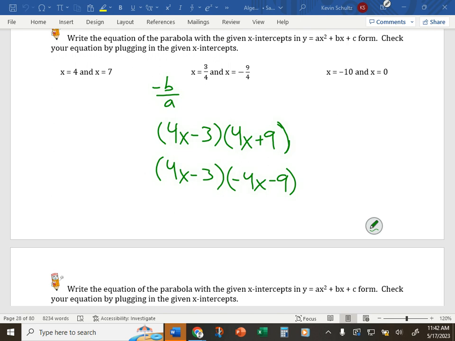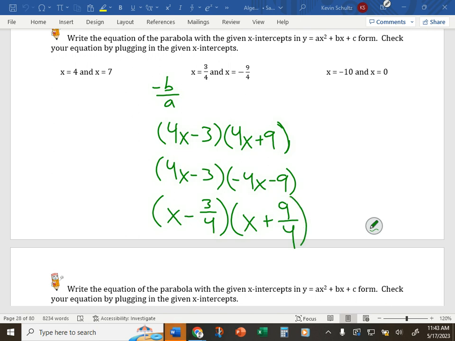Yes, Andrea. Would the b in that equation be positive 24x? What's up? Would the b in that equation be positive 24x? Yes, it ends up being positive 24x. Yet a third option, you could also do x minus 3/4 and x plus 9/4. Okay?